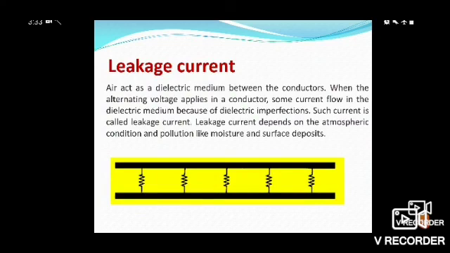And what is leakage current? I have told that in a transmission line, the air acts as a dielectric medium between the two conductors, and whenever an alternating voltage is applied to the conductors, some current flows in the dielectric medium. Because the dielectric medium is air and has imperfections, such a current flows, and it is called leakage current.